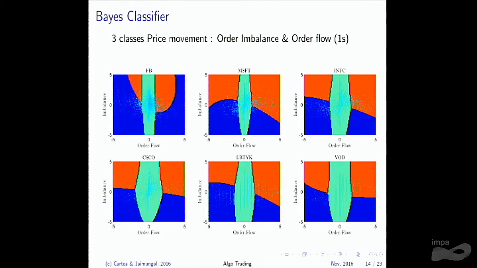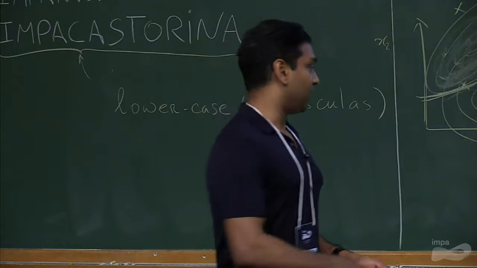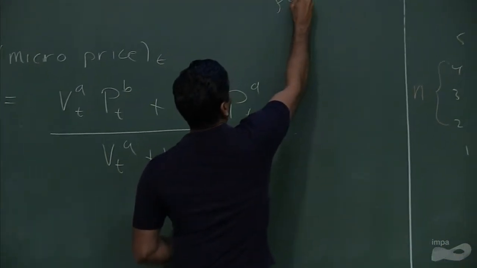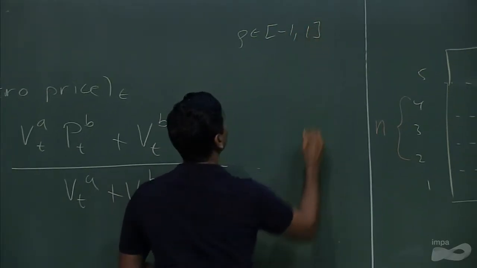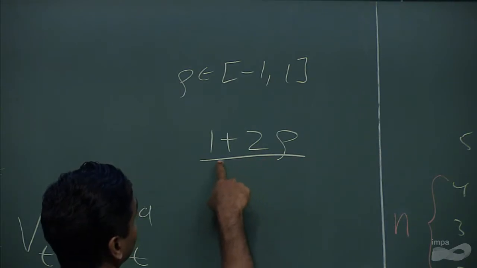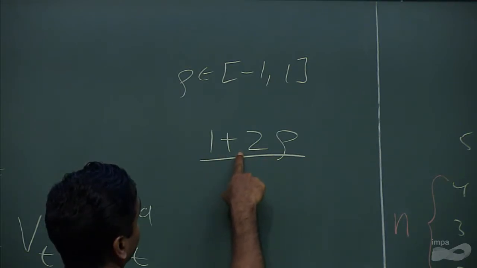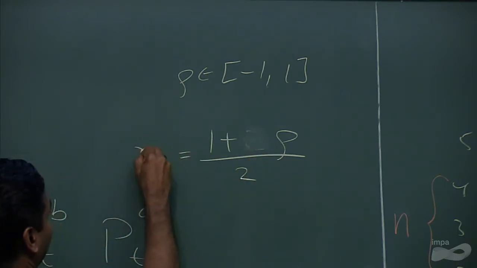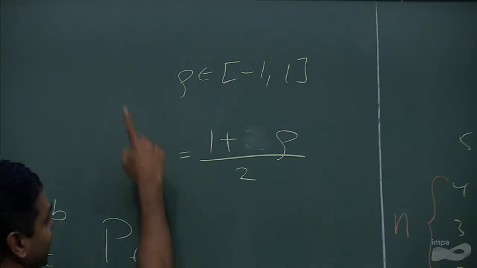The vertical axis is imbalance. Now, imbalance is between -1 and 1, so it's not a good idea to simply standardize it because it has this hard bound. So what I've done is use a logit transformation on it. Remember, rho is in the interval -1 to 1. So if I take 1 plus rho over 2, let's call that L2.